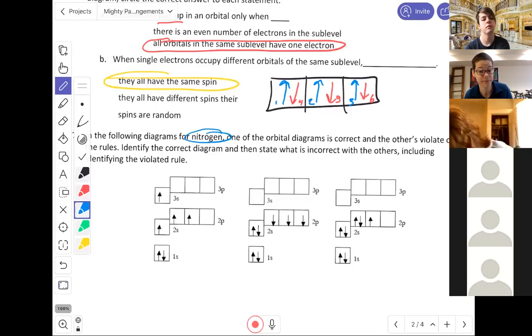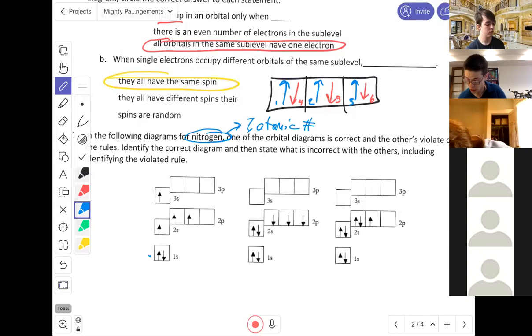Seven, because that's its atomic number. And you should always start at the bottom. You're always going to fill the first box with its 2 before you move up, et cetera.